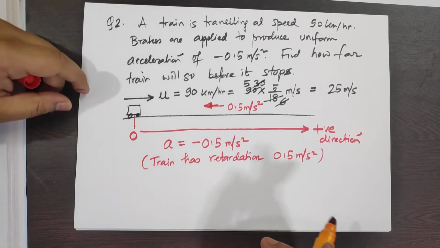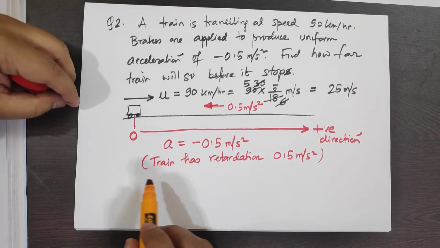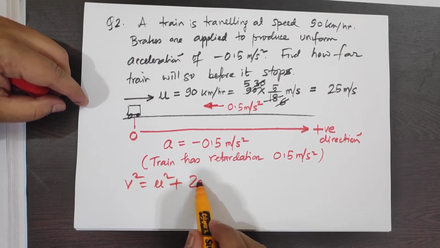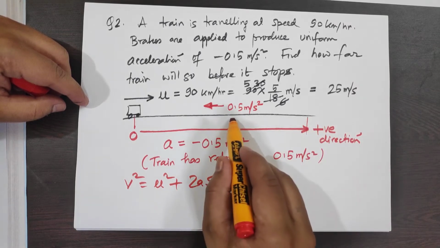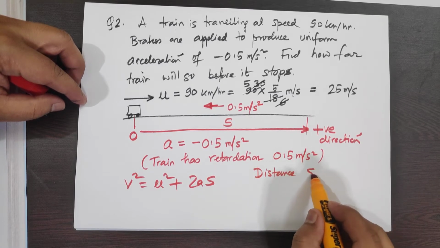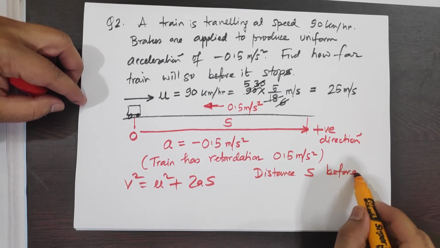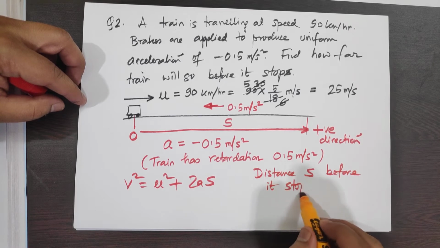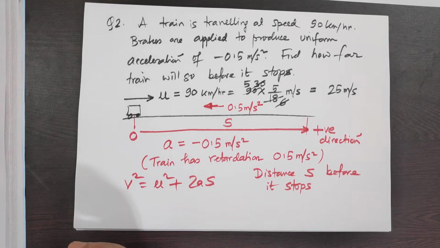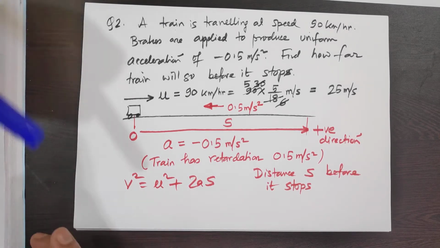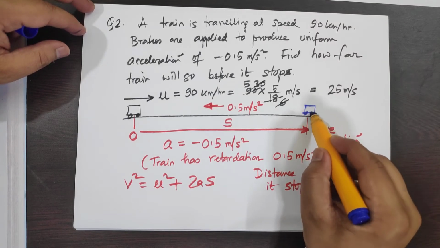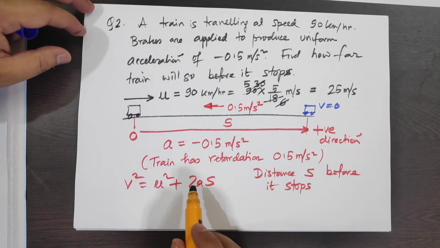So you can attempt in this way. You have this formula, v square equal to u square plus 2as. Suppose it moves distance s before it stops, here it stops, so final velocity is equal to 0.